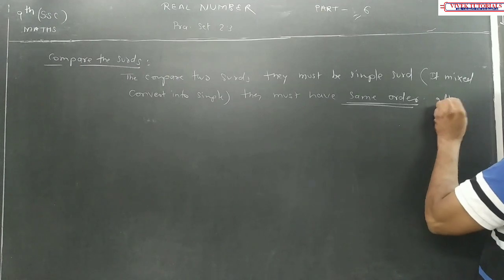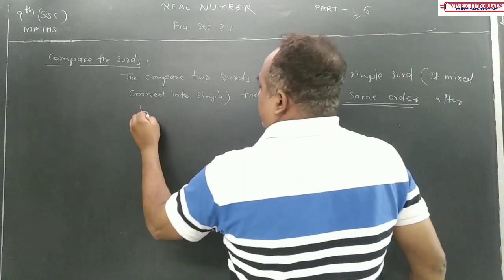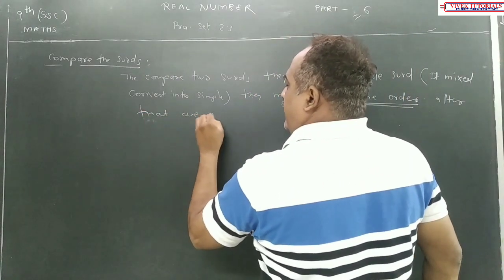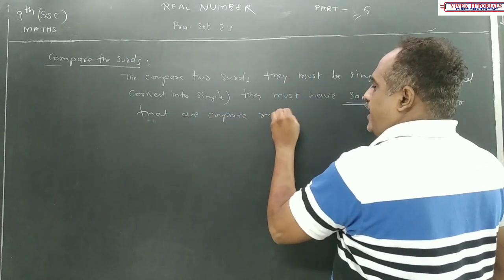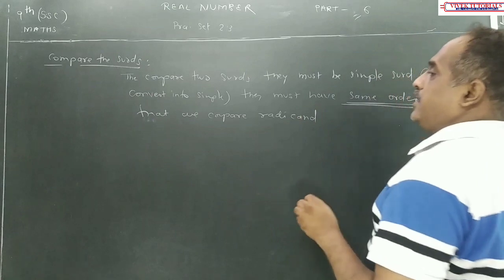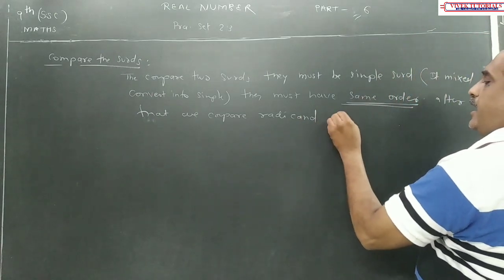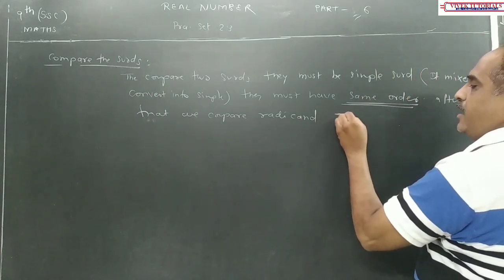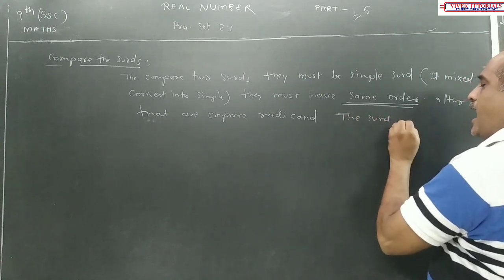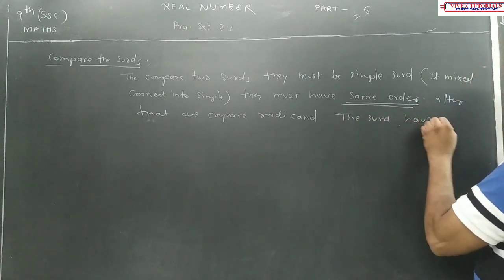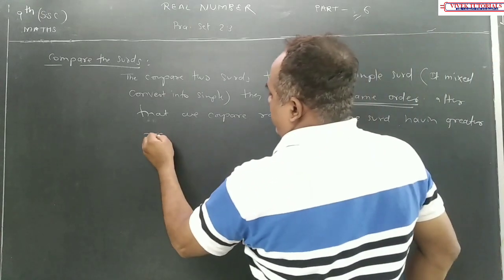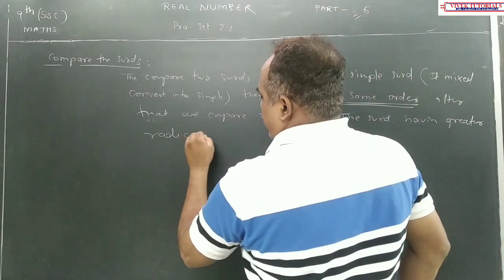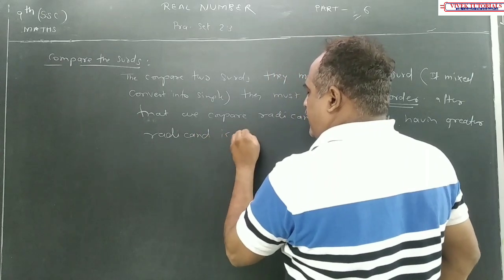After that, we compare the radicands. The surd having the greater radicand is greater.